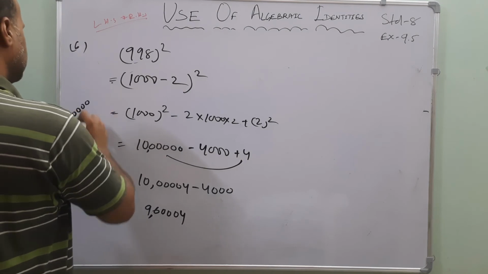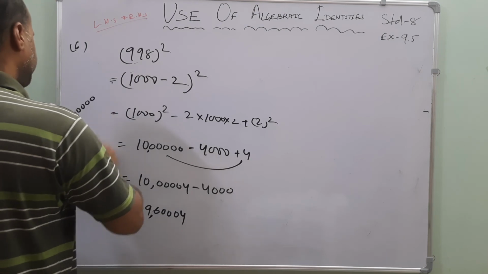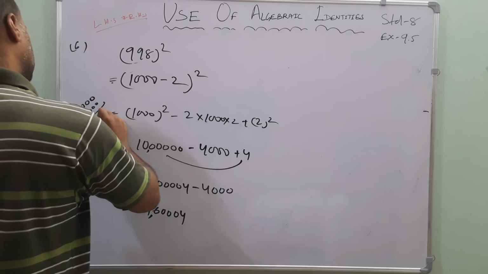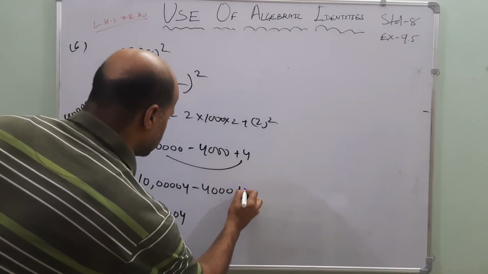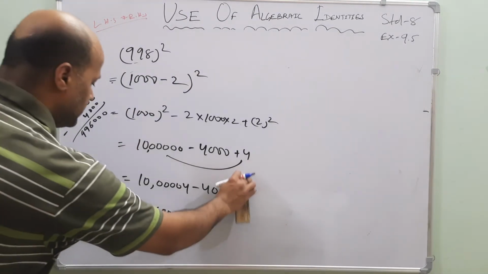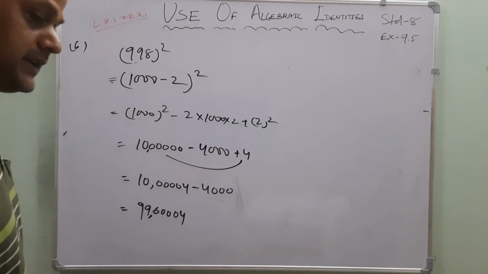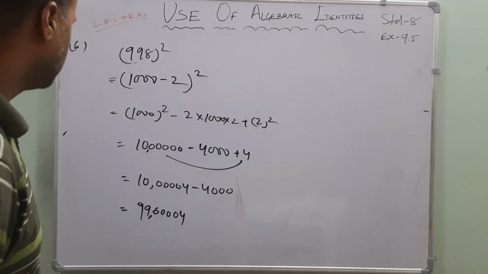Please check it, my dear friends. Okay, plus already we have added. The answer is coming 9,96,000. This is the answer we will receive after the subtraction.